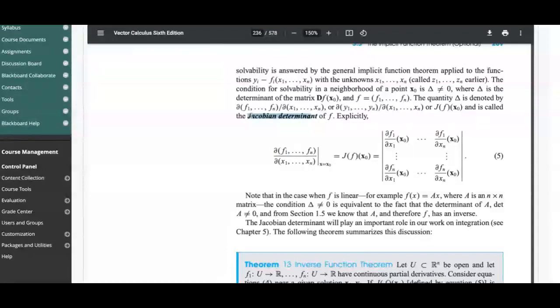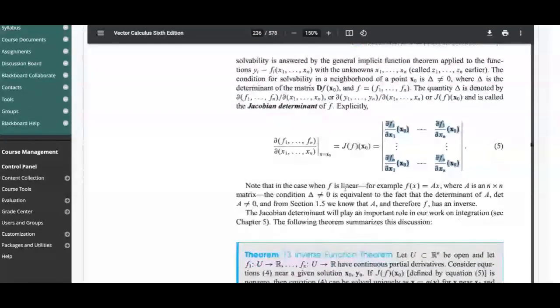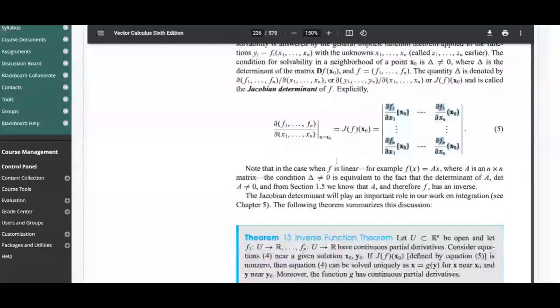So just a simple Jacobian determinant of f. Jacobian determinant of f. We use this notation or this partial notation. What is it? It's just calculating this matrix, right? This n by n matrix, the determinant of this n by n matrix.